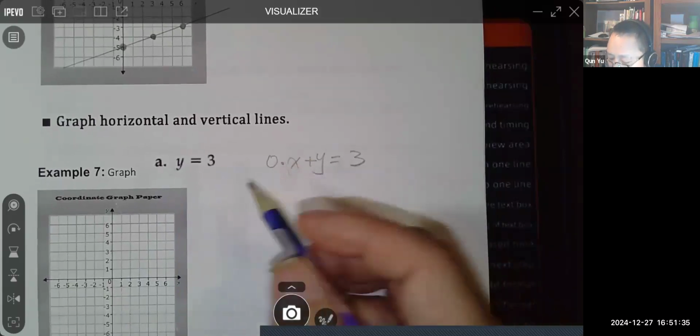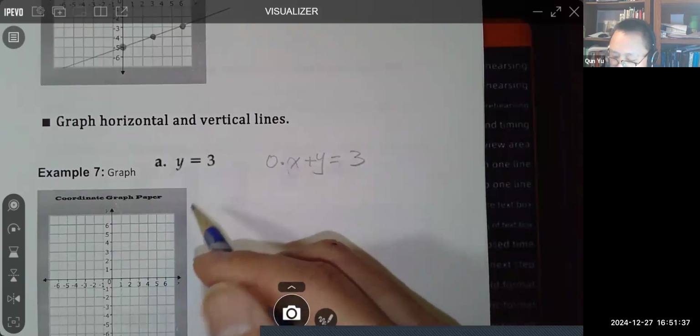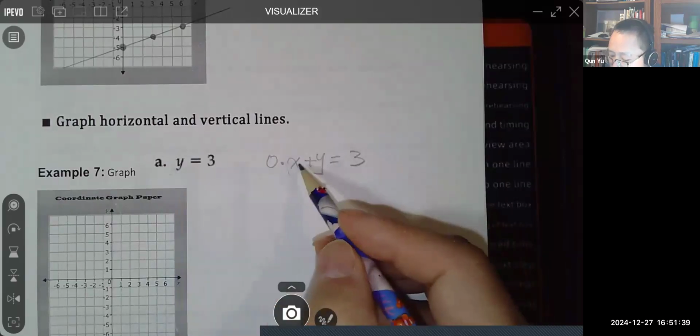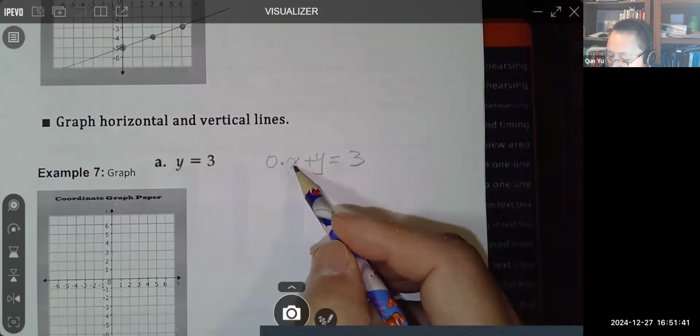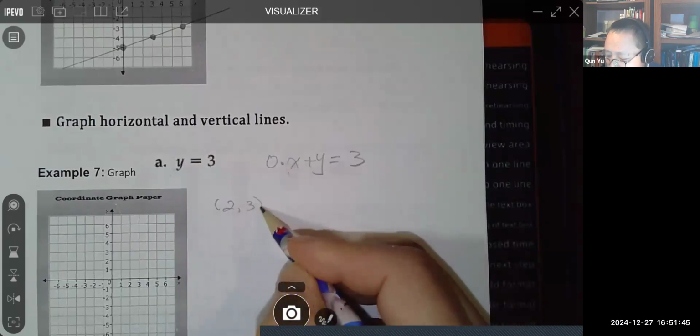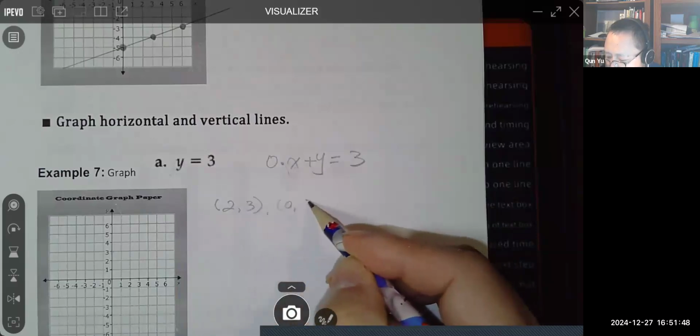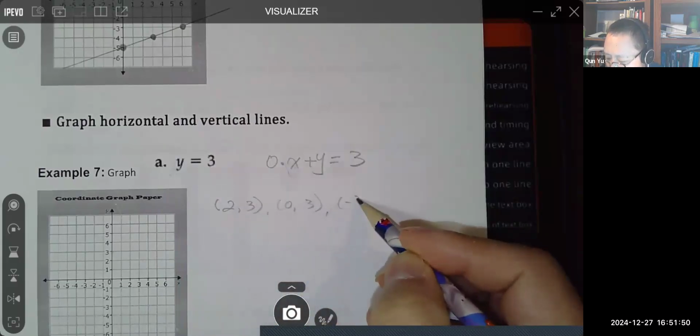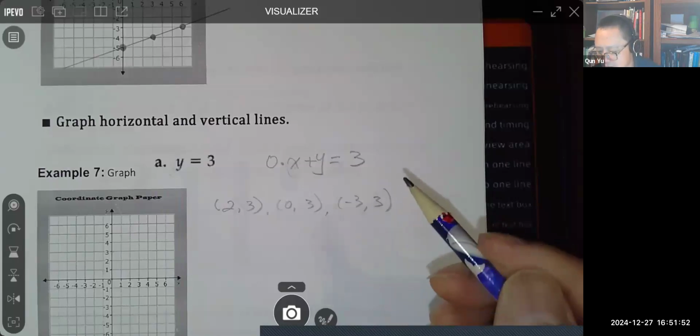But if you're not sure by this explanation, we can give you 3 points. You already see x doesn't matter, x can be any value, but y has to be 3. x equals 2, y equals 3. x equals 0, y equals 3. x equals -3, y equals 3. Let's draw those.